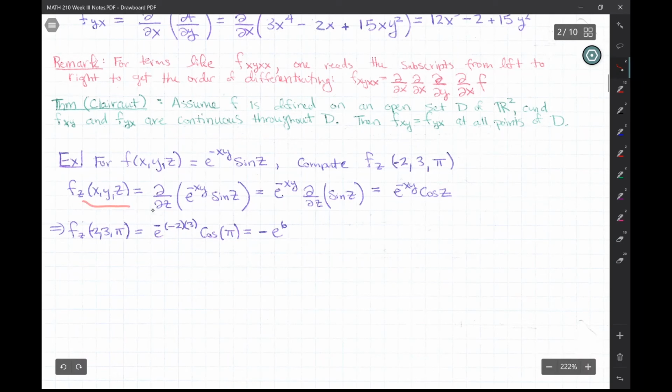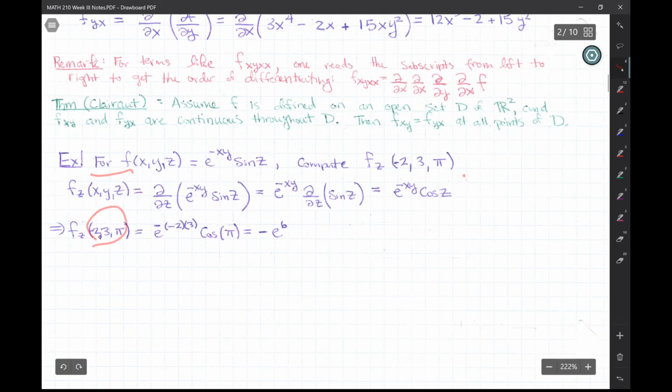So what do we do? We take the partial derivative with respect to z. We just treat x and y as constants. Just pull them right out of that derivative, just as if they were constants. And take a derivative of sine z with respect to z. Well, the derivative of sine z with respect to z is just cosine z. And well, this here is the partial derivative with respect to z at the arbitrary point x, y, z.